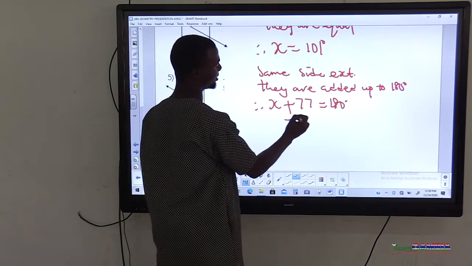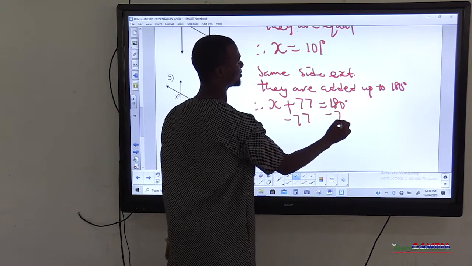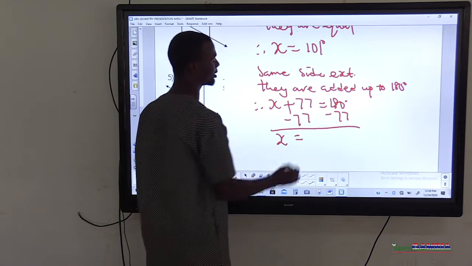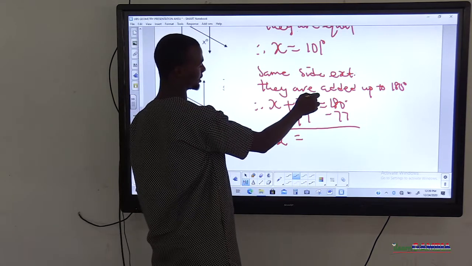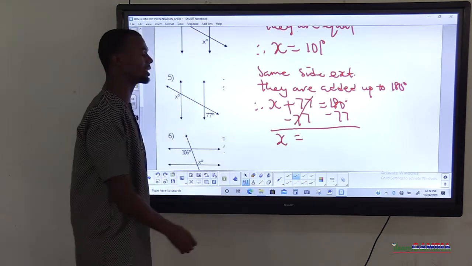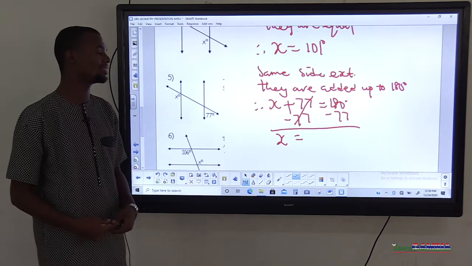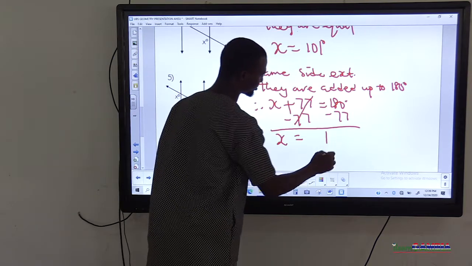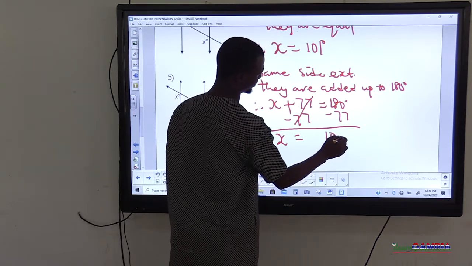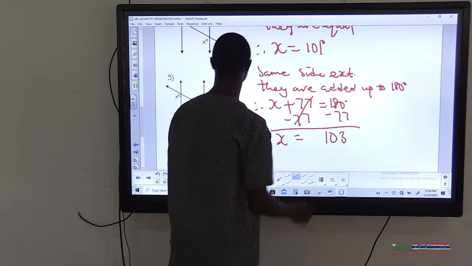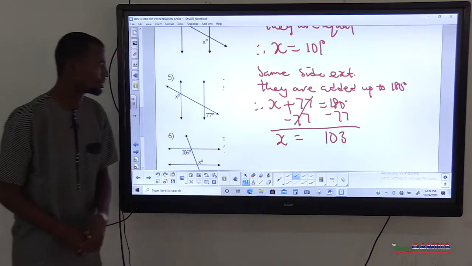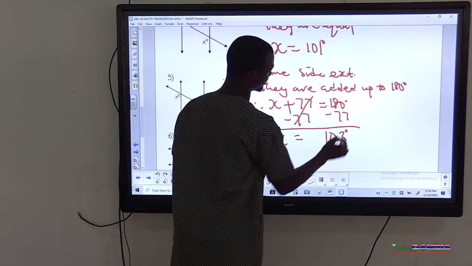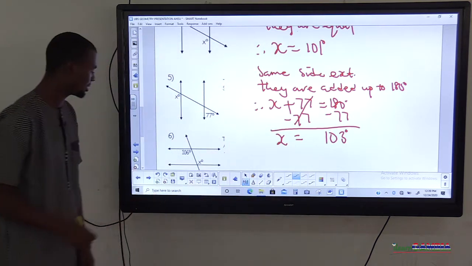We subtract 77 from both sides, so 77 minus 77 cancels. x is equal to 180 minus 77, which is 103 degrees. Our x is equal to 103 degrees.